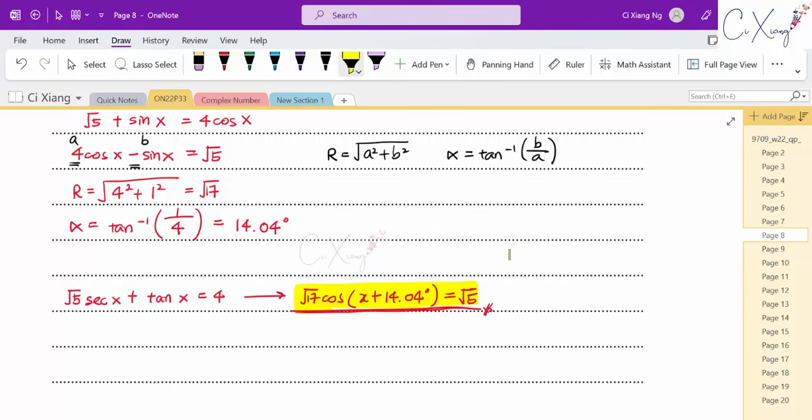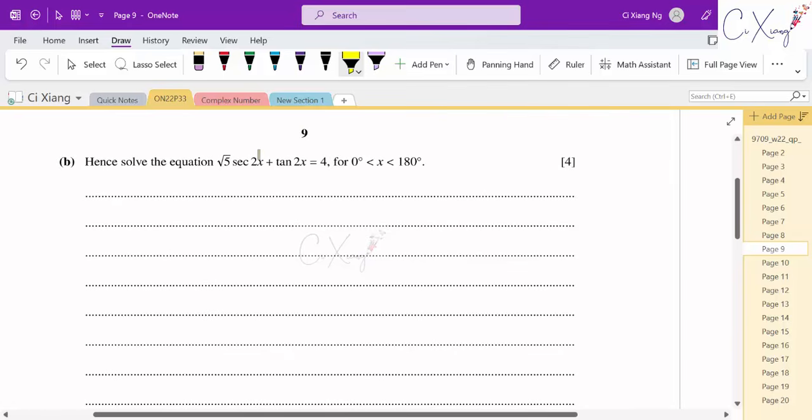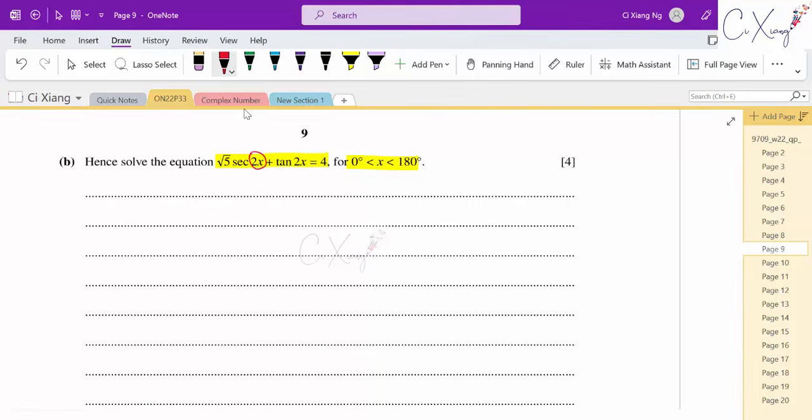Then let us continue to part number B. For part B, they want us to solve this equation, where x should be from 0 to 180 degrees. If we compare the equation in part B with the equation in part A, the 2x here in part B is originally x in part A. That means when I want to solve this equation, I can use the result in part A. I will get square root 17 cos.